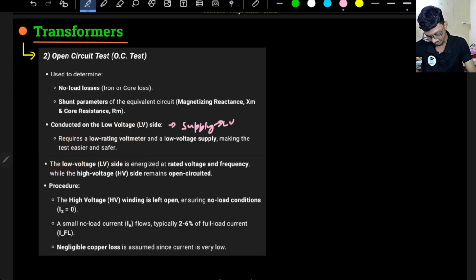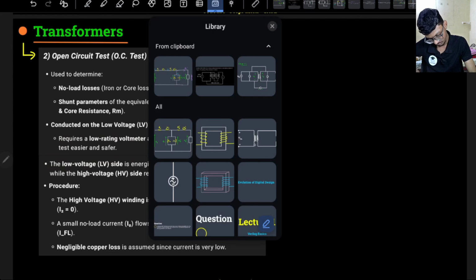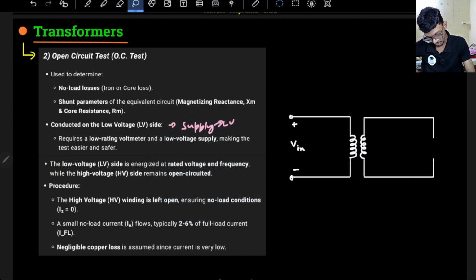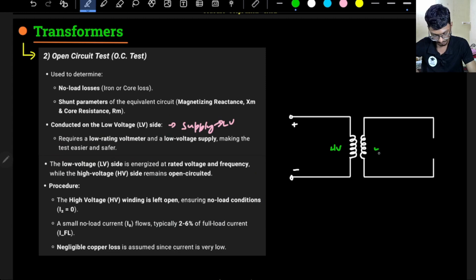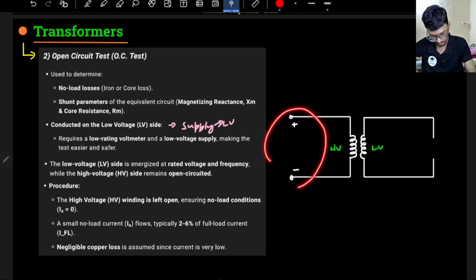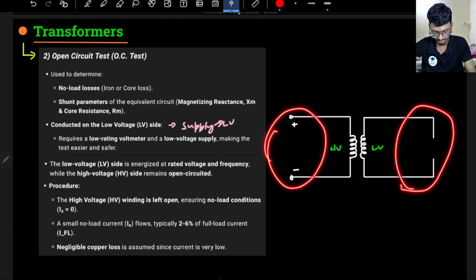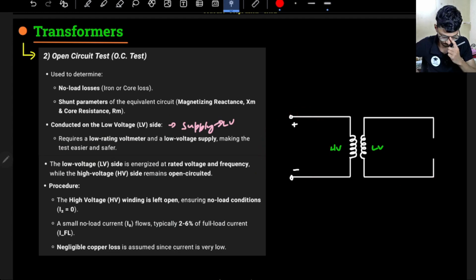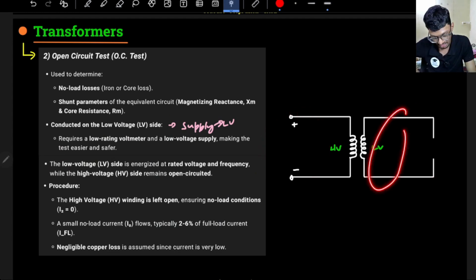So there are two options, right? This is my transformer. Let's assume that this is my HV side and this is my LV side. Either I can connect the supply in these two windings, or I can connect the supply here and leave this open. Why am I choosing LV? Because power is constant.